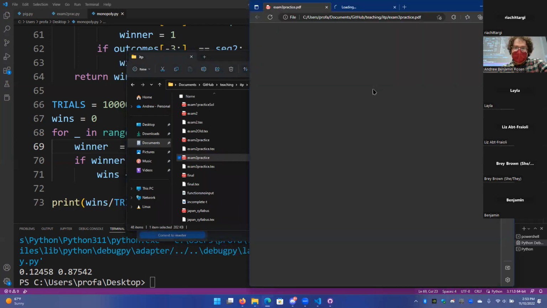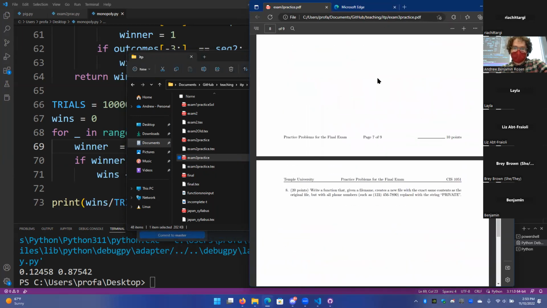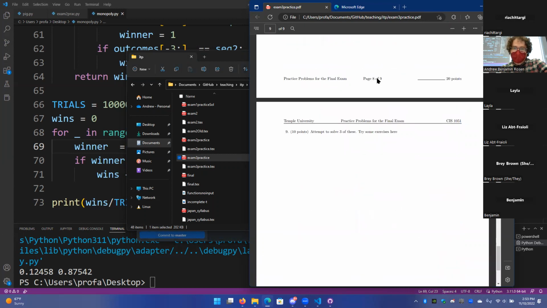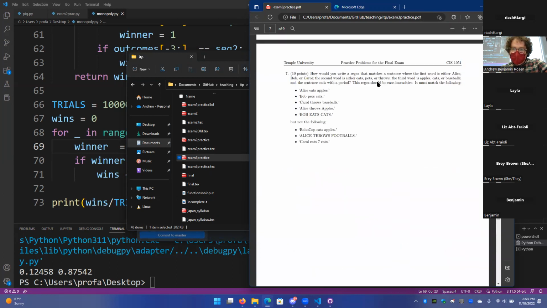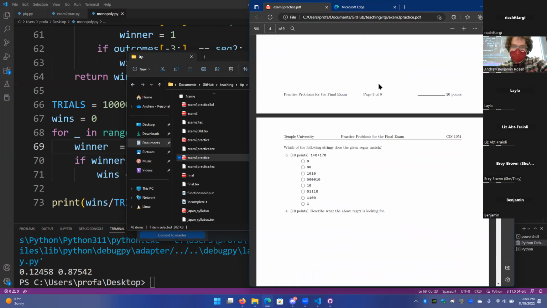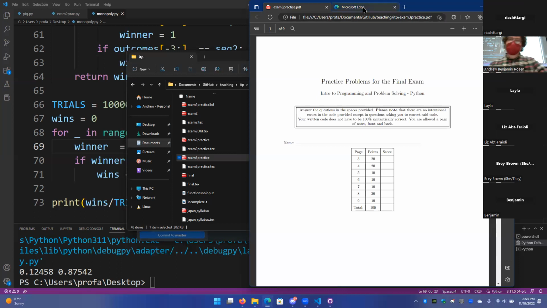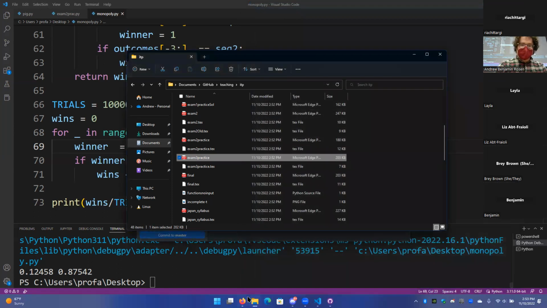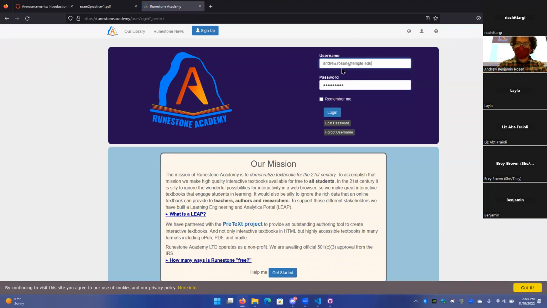I'm looking here for another Monte Carlo approximation problem. Apparently I didn't include one there. In that case, I believe I have one on Runestone from when I was doing quizzes on Runestone a while ago. So let's pull that up.